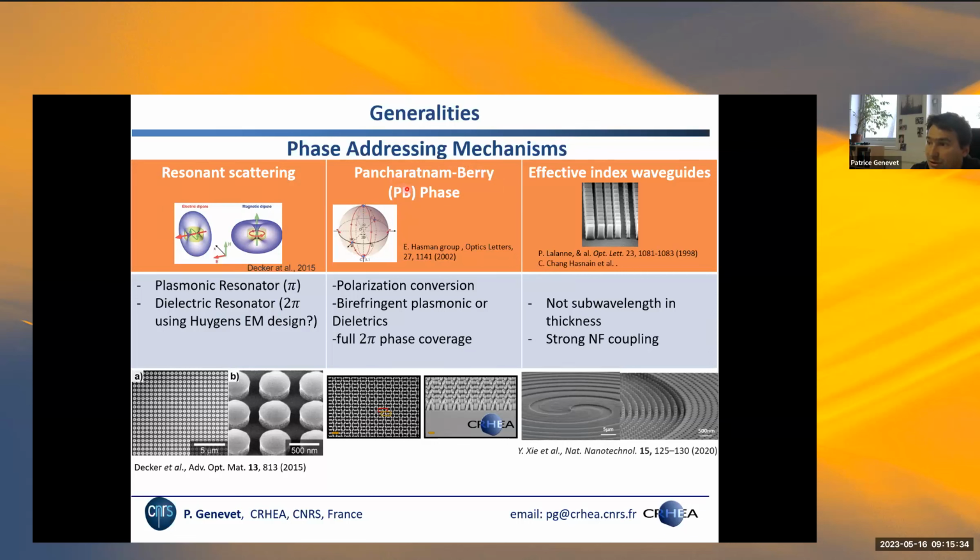This is a bit more not intuitive. It works by relying on polarization conversion, where you design nanostructures that are operating in the polarization domain, so that they essentially behave as a birefringent type of material. And they can convert polarization from, let's say, circular polarization right to circular polarization left.